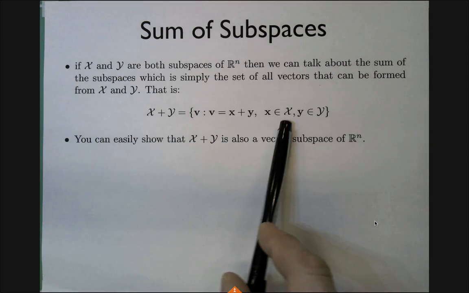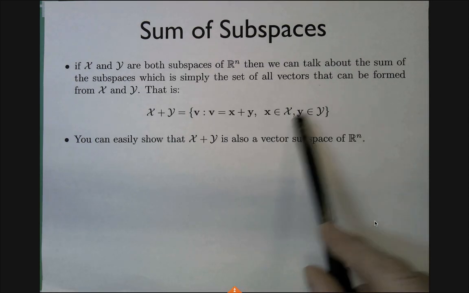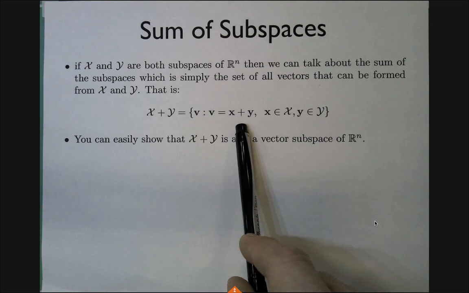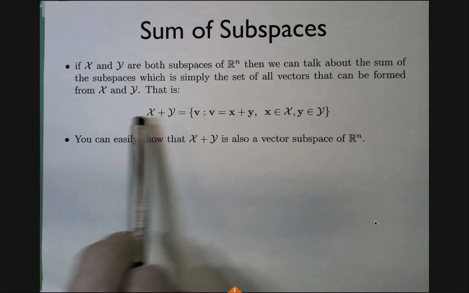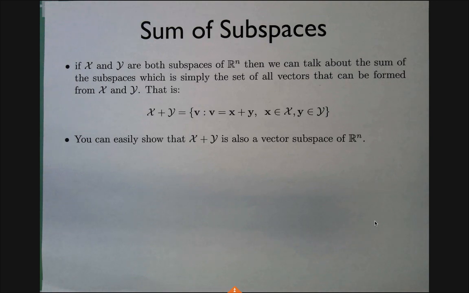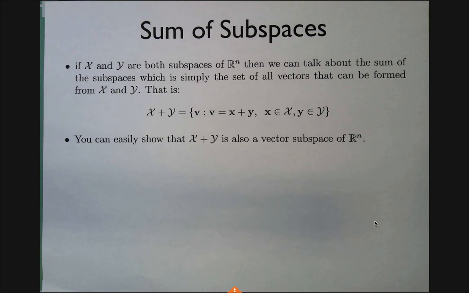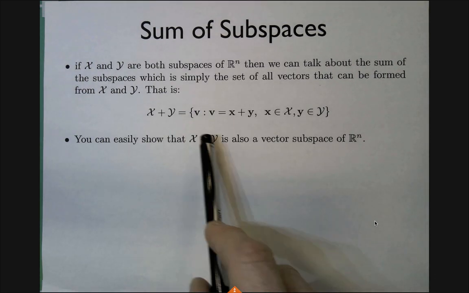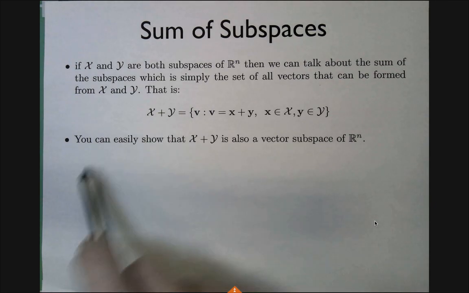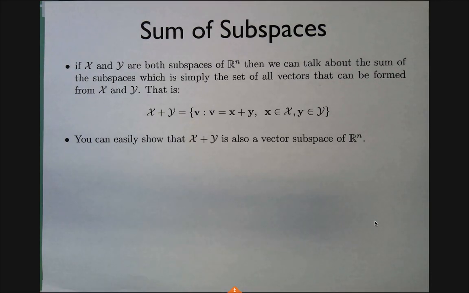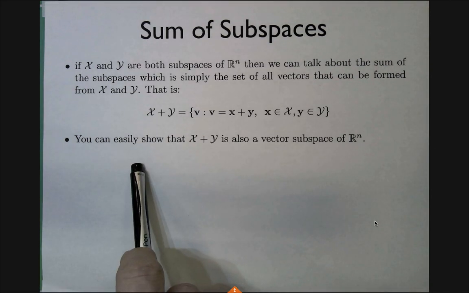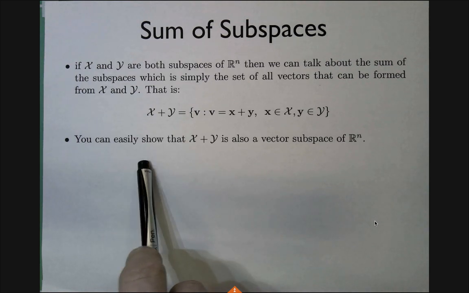The sum basically means you take all vectors from one subspace and all vectors from the other subspace, add them together, and what you get is the sum. Again, it's very easy to convince yourself that this will be a subspace, because if I pick one element in the sum and another element in the sum and put them together, the result is again in the sum, and the same holds for scalar multiples. So that's trivial.